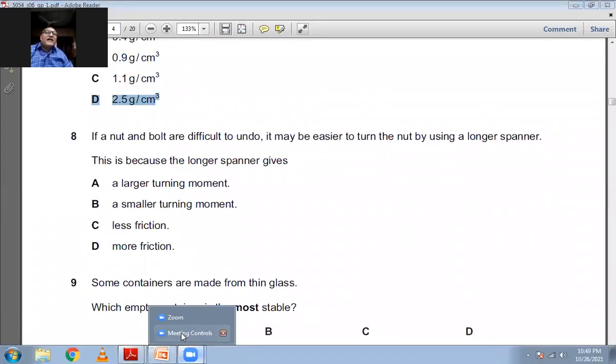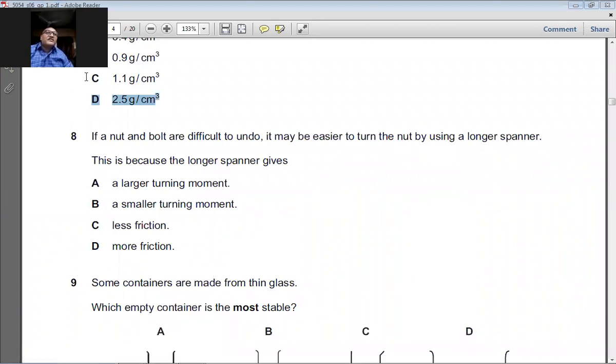So then we have the question number... If a nut and bolt are difficult to undo, it may be easier to turn the nut by using a longer spanner.